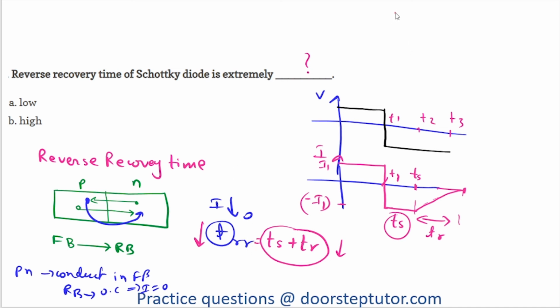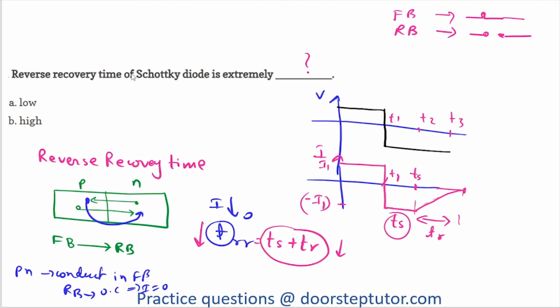As soon as I forward bias, it should start conduction. It should start behaving like a short circuit, and as soon as I reverse bias it, it should start behaving like an open circuit, which is practically not possible. It will take some time for a PN junction diode to stop the conduction, and this is known as the reverse recovery time.